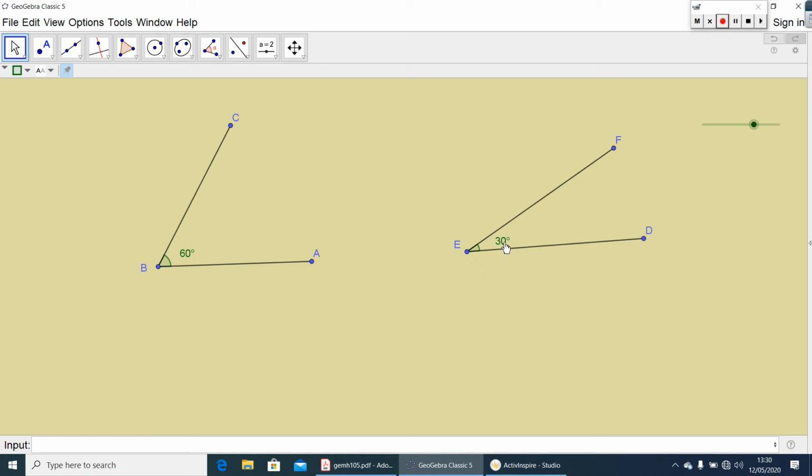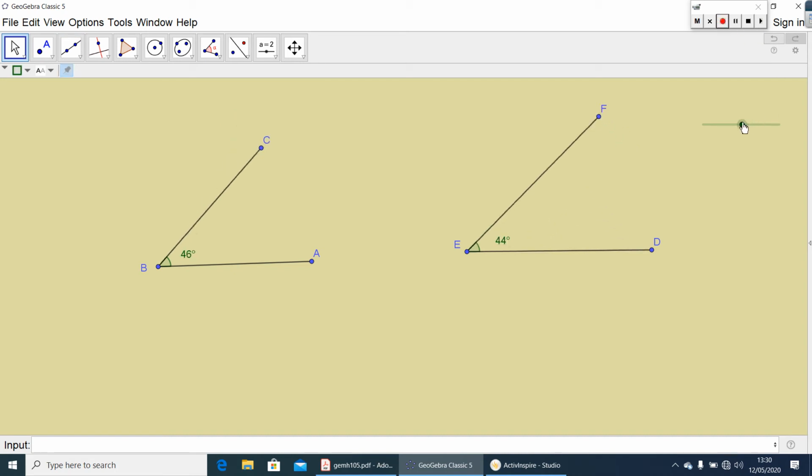You get 90 degree. Now let me change that angle. Here also you are getting 90 degree. In all these cases, the sum of the angles you are getting is 90 degree.